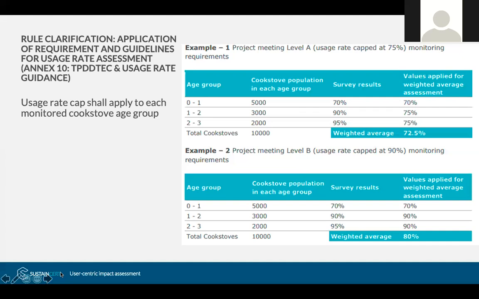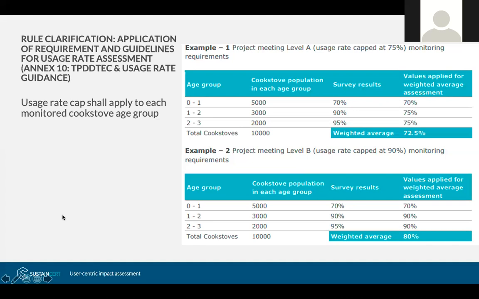You can see that the cookstoves which were falling under the age group 1 to 2 or 2 to 3 had a 90 and a 95% usage rate based on the surveys, but they both individually have been capped at 75%. And similarly, in the level B monitoring in example 2, the usage rate is capped at 90%.